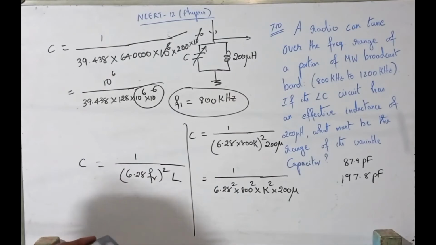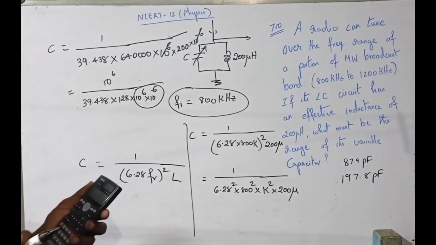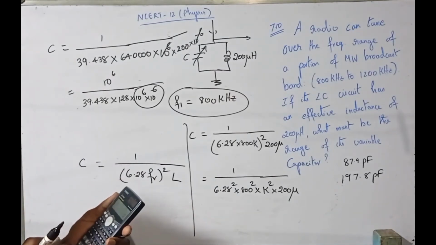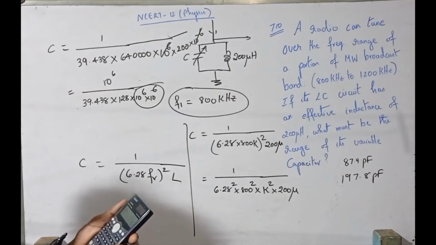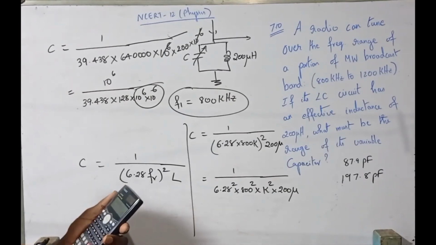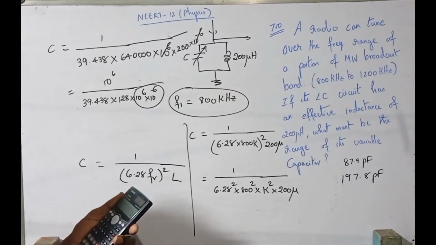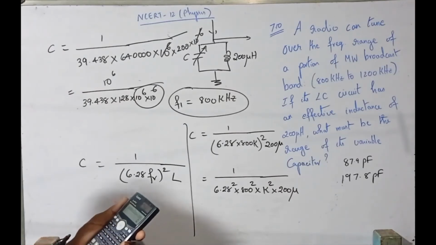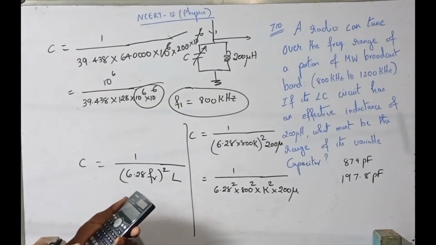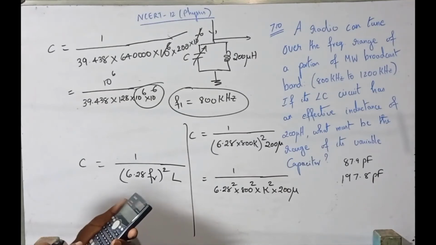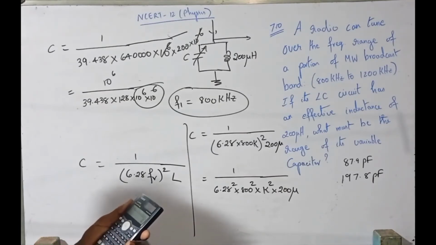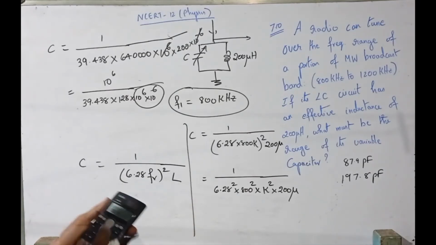Therefore it is in picofarad. Now we will solve for this: 1 2 3 4 5 6 divided by 39.438 into 128.